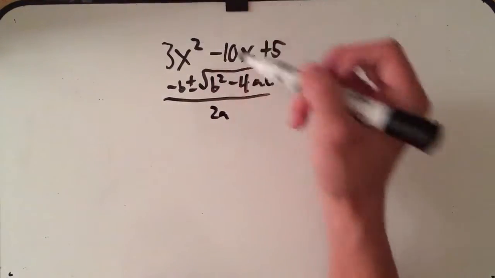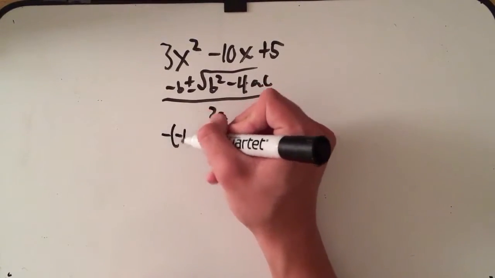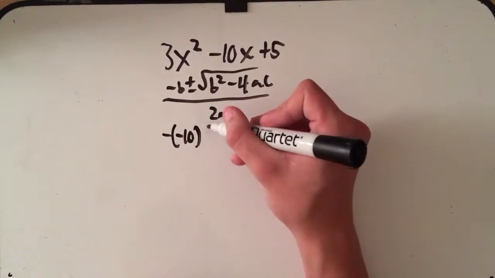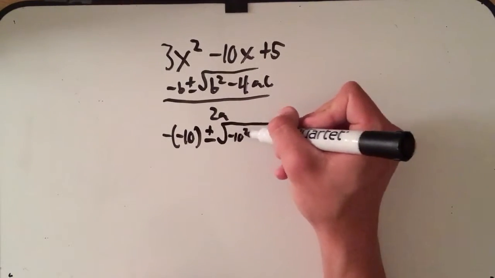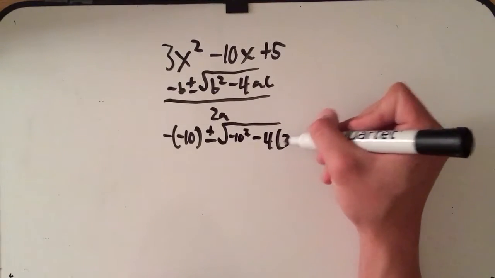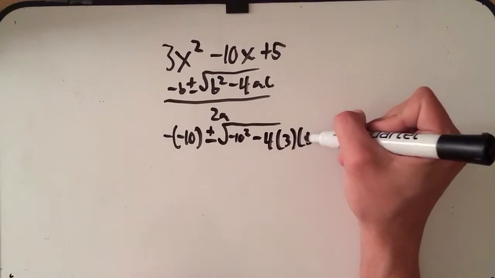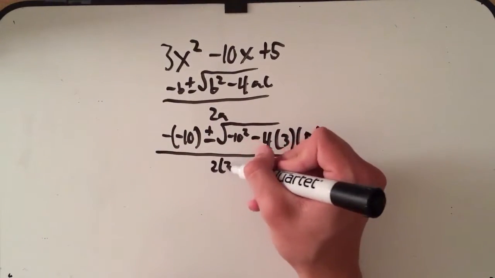So we got negative b, so that would be negative 10 plus or minus the square root of negative 10 squared minus 4ac all over 2a.